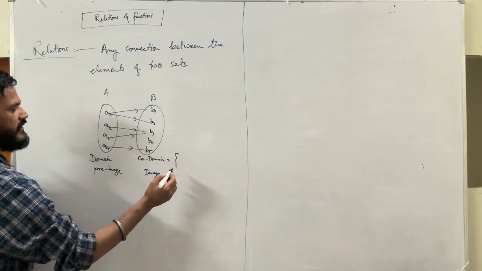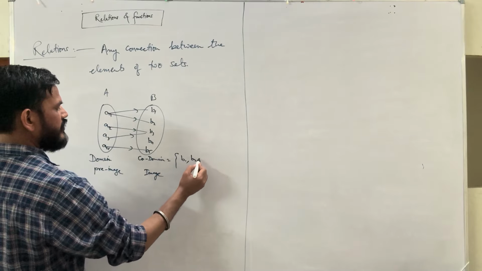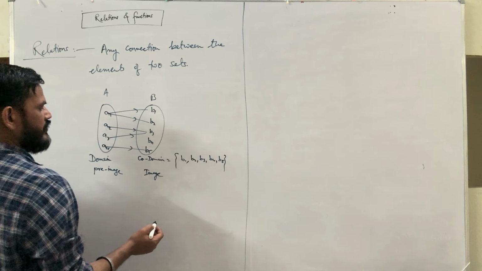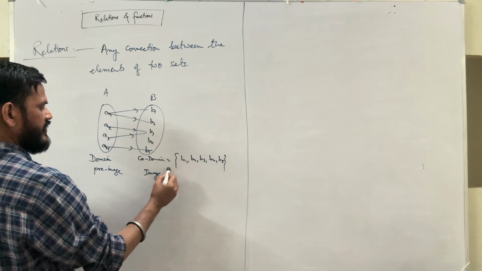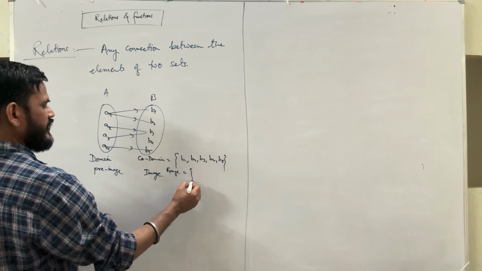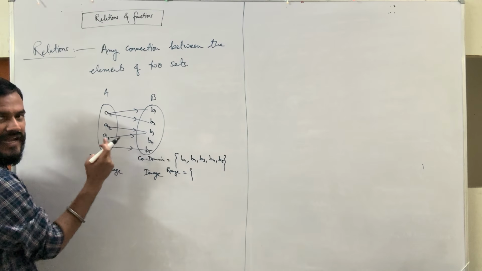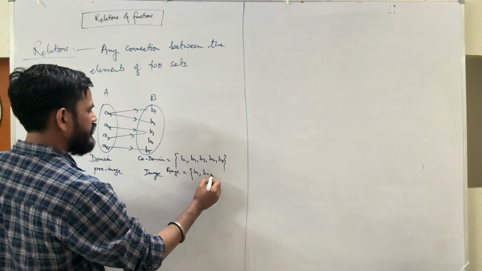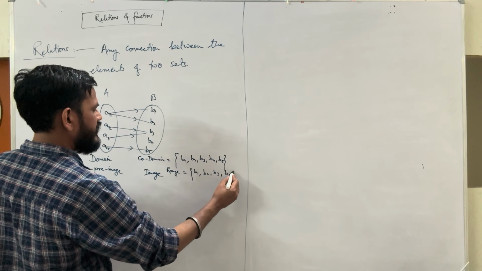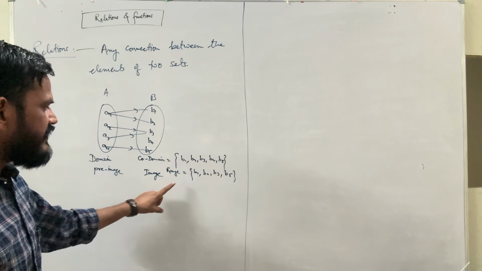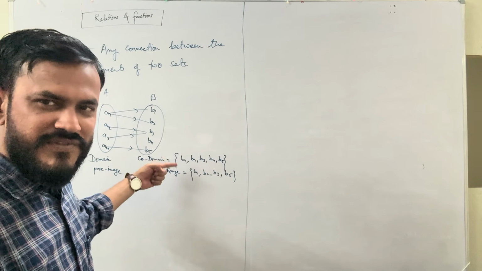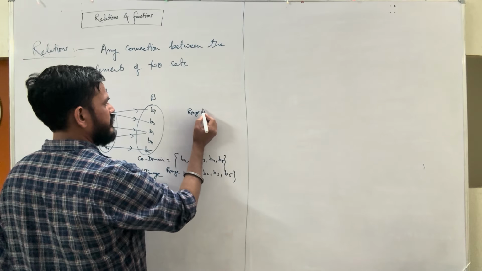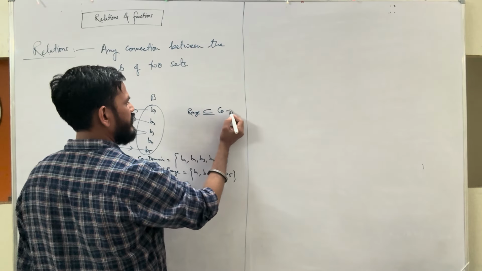So the codomain elements are B1, B2, B3, B4, B5, whereas range elements are the elements which are actually getting mapped. So it will be B1, B2, B3, B5. You clearly see that range is a subset of codomain. So you can say that range is a subset of codomain.